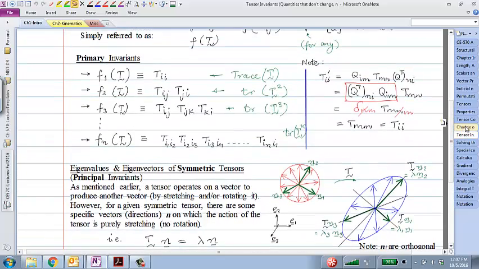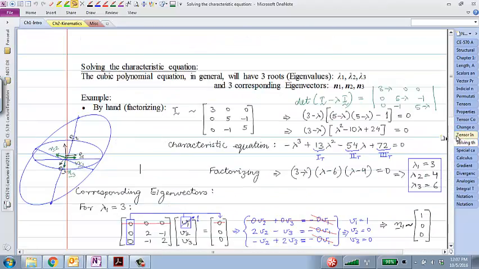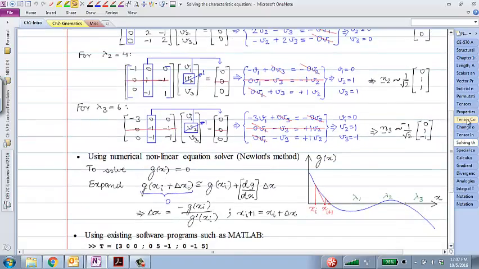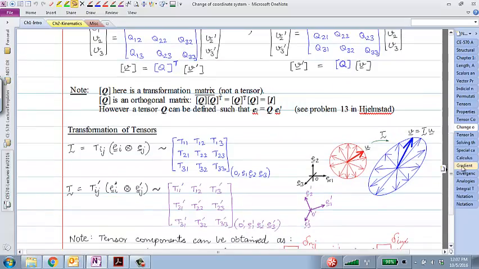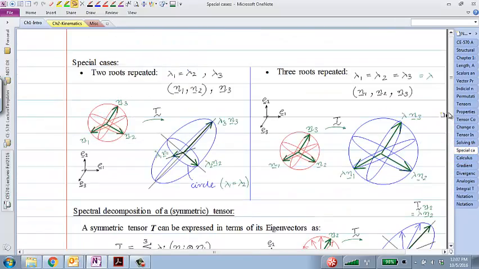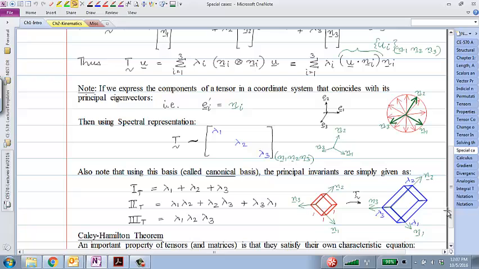Special cases, maybe. Right. In the basis of its own eigenvectors, a tensor has just the diagonal components, right? So if I do T times T, what do I get?